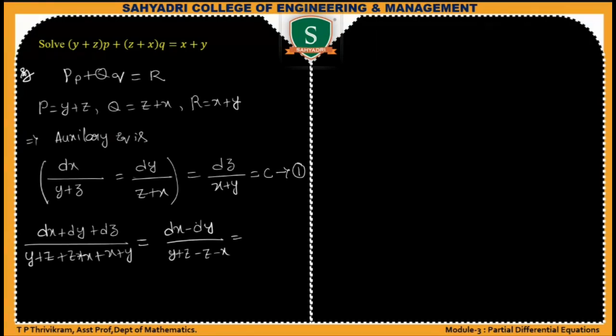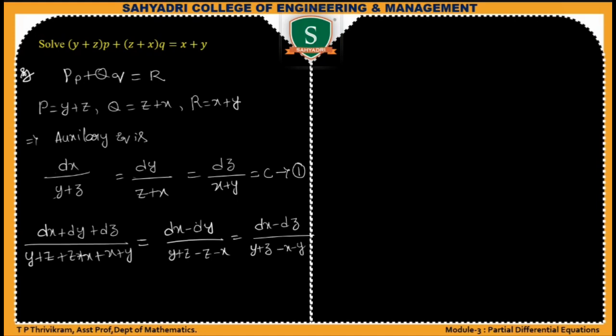Similarly, I am taking first and last. This term and this term I am taking. What happens? dx minus dz divided by y plus z minus x minus y.